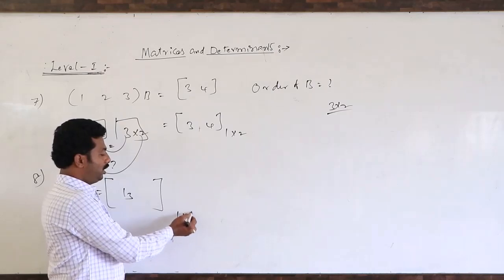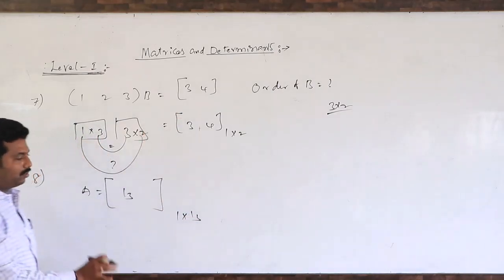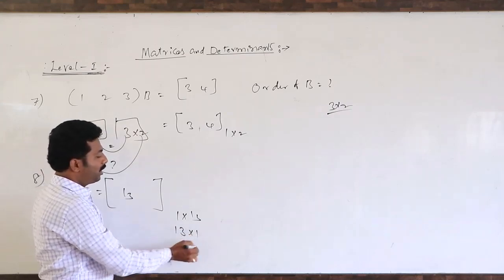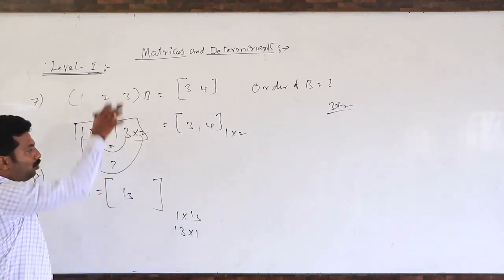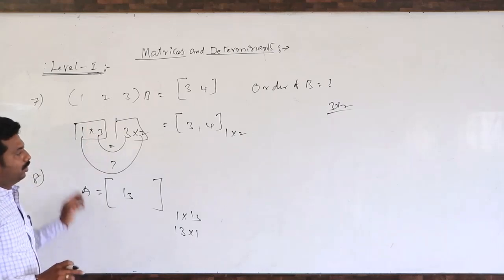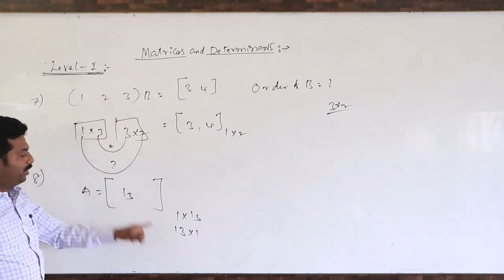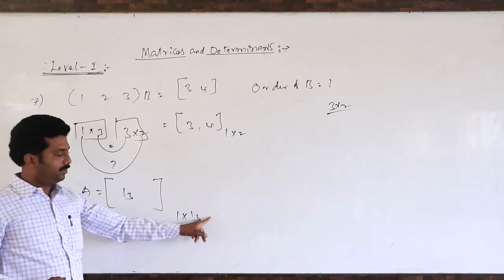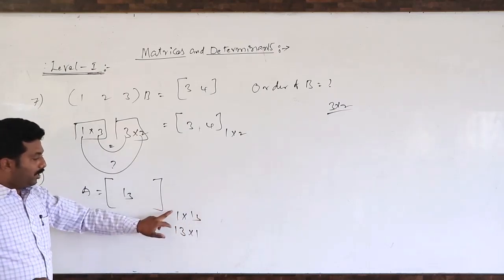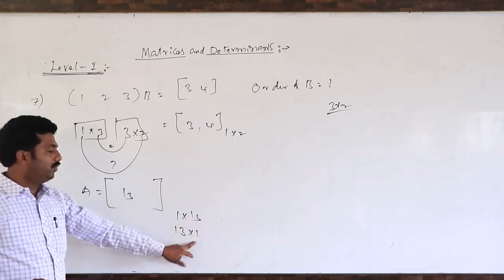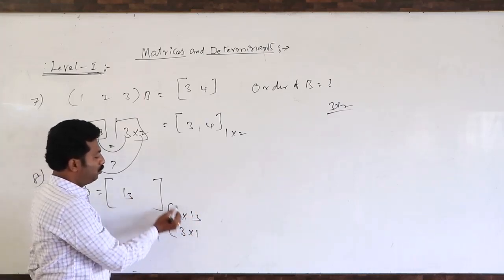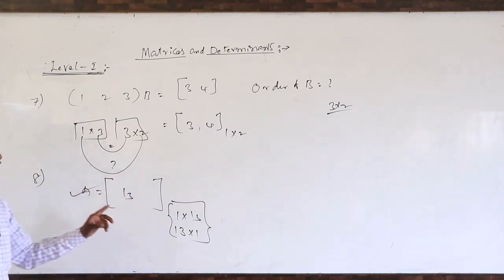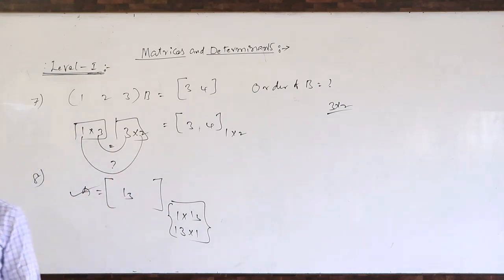One row and 13 columns, or 13 rows and 1 column. 13 rows means it is a column matrix, the vertical matrix. So either 1 by 13 or 13 by 1. Only 2 possibilities are there.